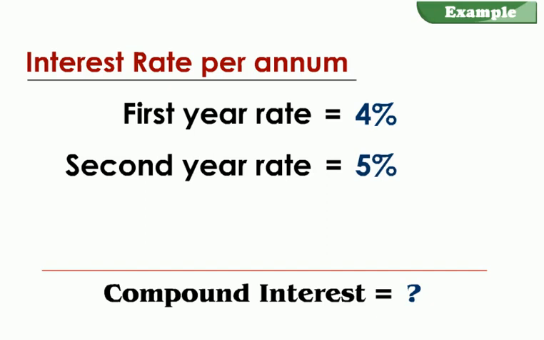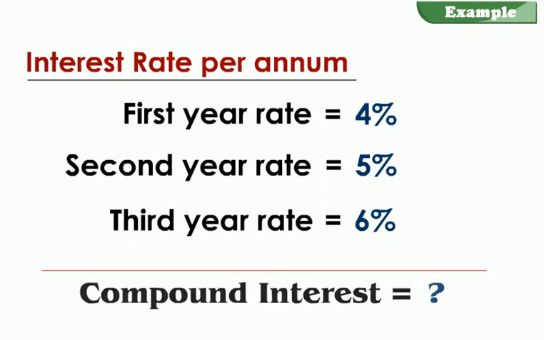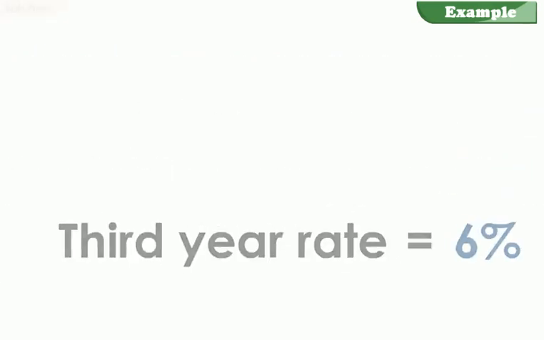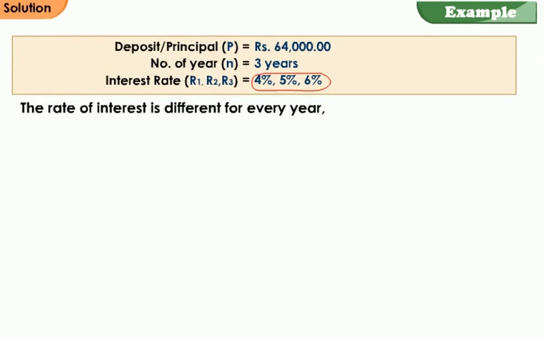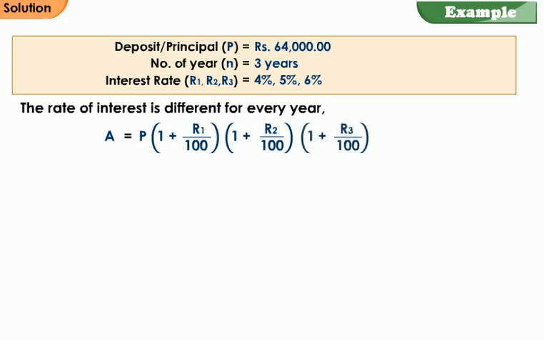We use the formula A equals P into 1 plus R1 by 100 into 1 plus R2 by 100 into 1 plus R3 by 100, where A is the amount, P is the principal, and R1, R2, R3 are the rates of interest for the first, second, and third year respectively.